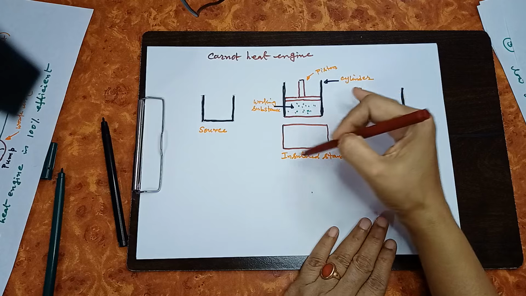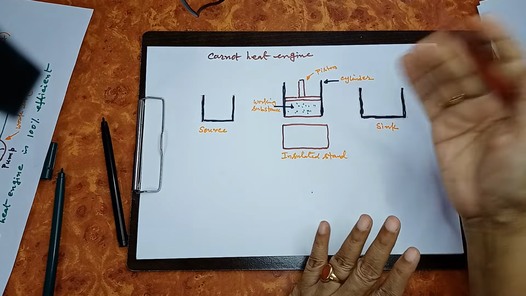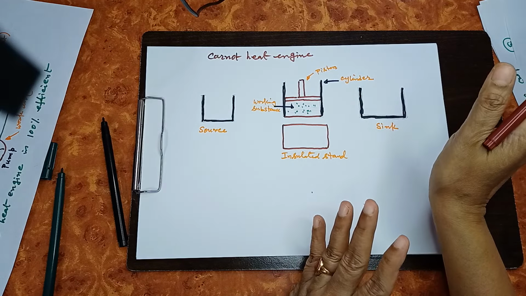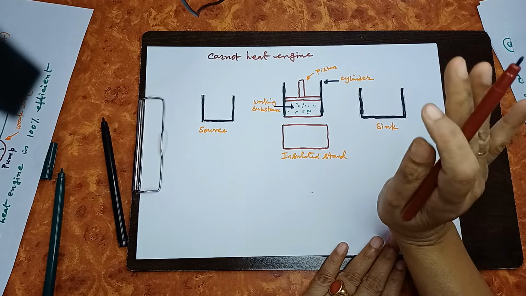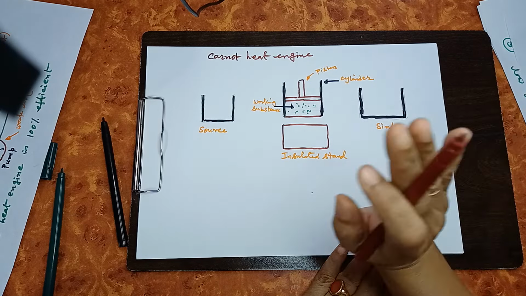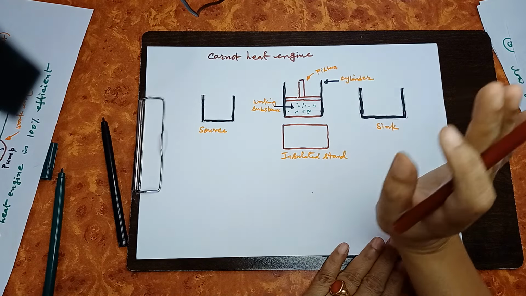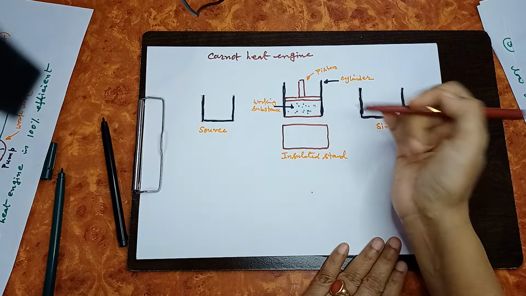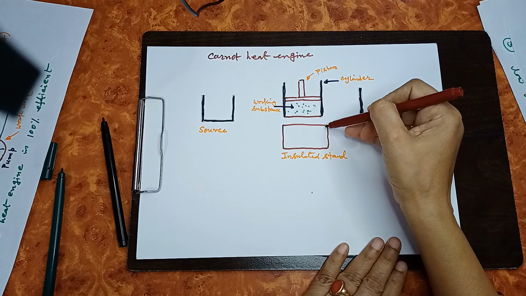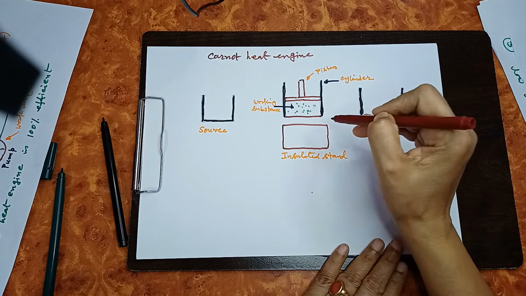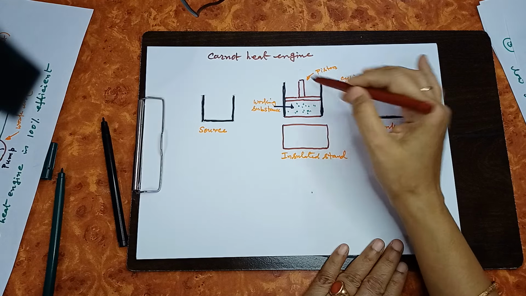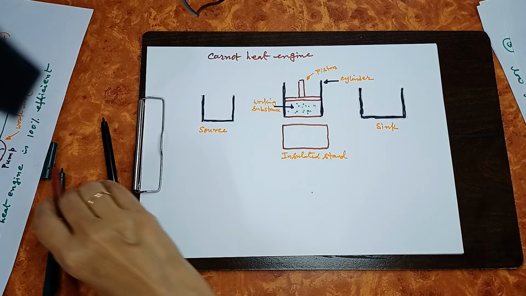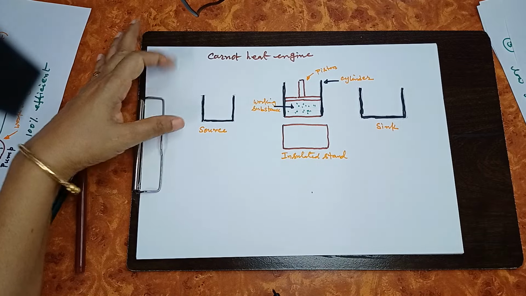In Carnot cycle, next video I will explain, you will find that there will be 4 steps: 2 expansion steps and 2 contraction steps. Among these 4 steps, 2 are isothermal, 2 are adiabatic. During adiabatic steps, this cylinder is attached to the insulated stand, so that this part will become insulated.